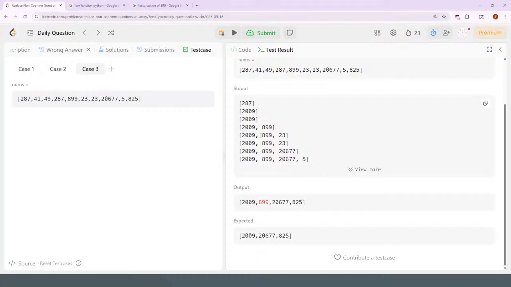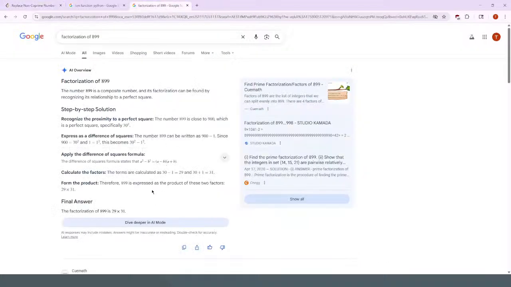So there is no common factor there, so 899 gets added to the stack.